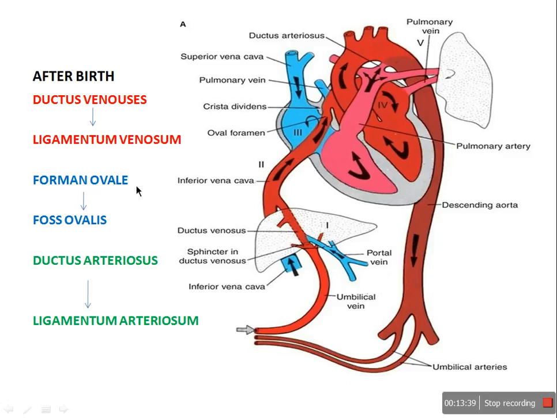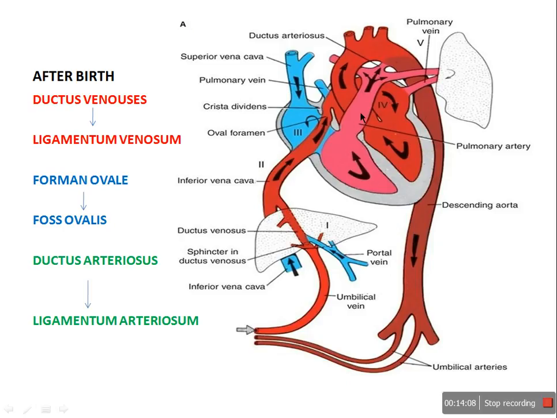So now you may understand how the foramen ovale is closing. Simple: because the pressure inside the lung is decreasing, the pulmonary artery pressure is decreasing, and the right ventricle pressure is decreasing, so blood will come to the right ventricle. It will not go to the left atrium. So this hole will be closed.